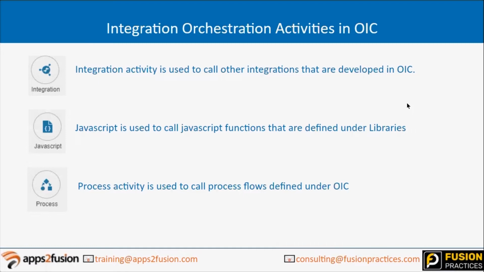For example, we write one integration for just reading and loading file data to database, and then we write a separate integration to process database data, and then we write a separate integration to load it to Fusion FBDI page, because we handle the exception handling in between, right?